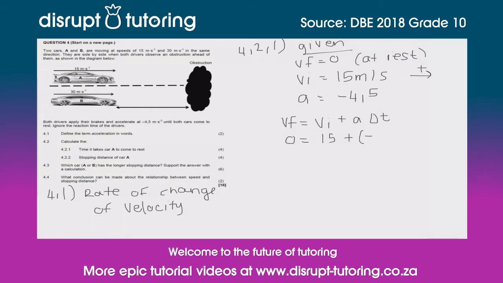We know the acceleration is minus 4.5. And we don't know the time. We need that stopping time. So then we can solve the equation, and we get that the stopping time for the car is 3.33 seconds. Okay, so it takes car A 3.33 seconds to slow down to a stop. Great.